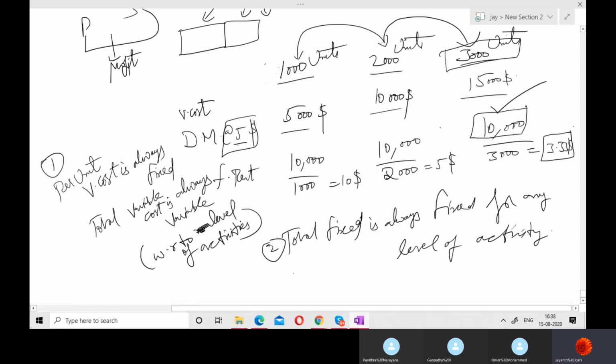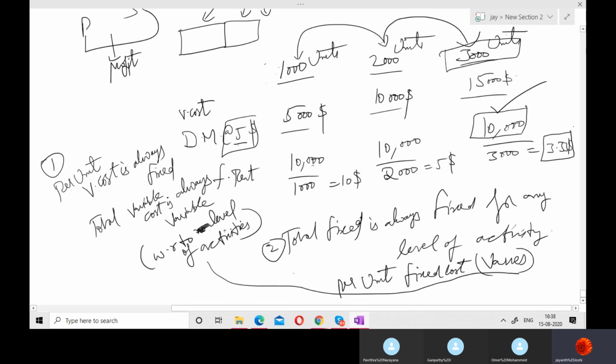This is the advantage you can take when you're producing more. Total fixed cost is always fixed for any level of activity, and per unit fixed cost varies with respect to level of activities.